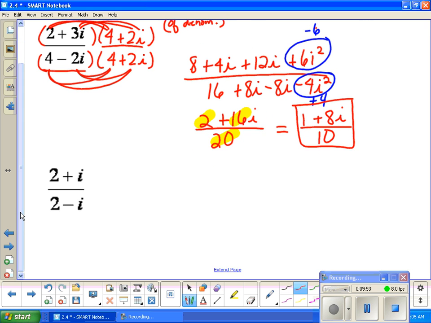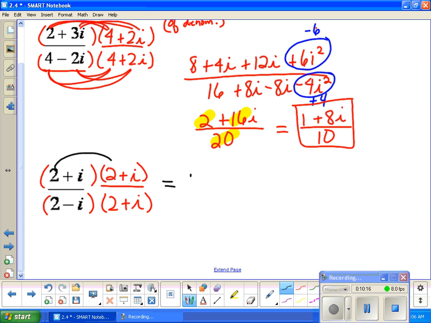Okay, let's do another one. Complex conjugate. Again, we're going to look at just the denominator. Let's multiply it out. 2 times 2, 4, plus 2i, plus another 2i, plus i squared.